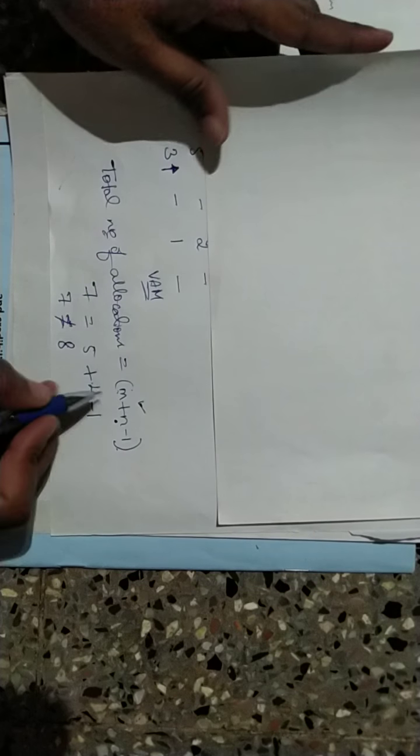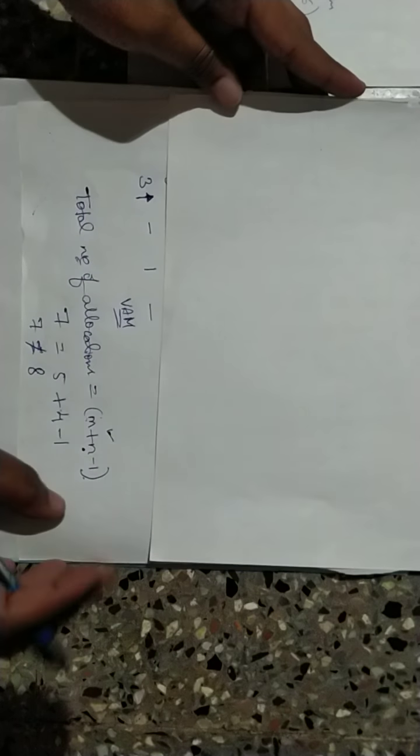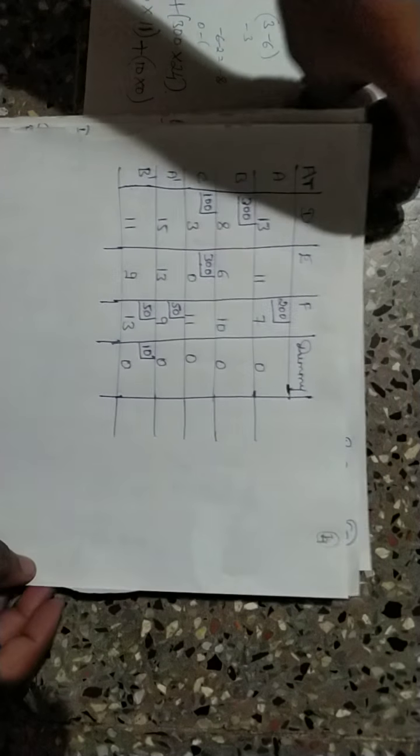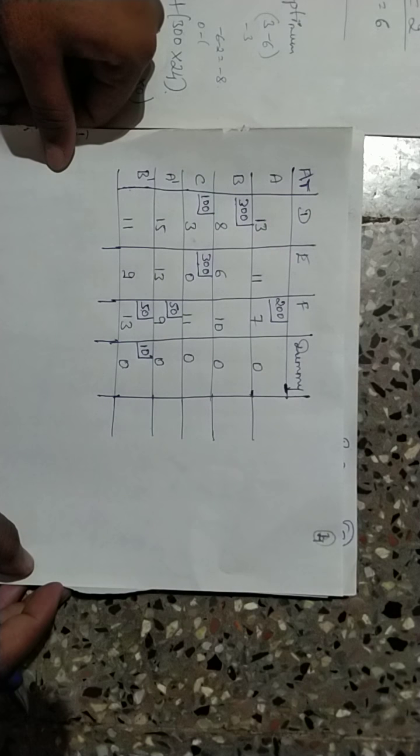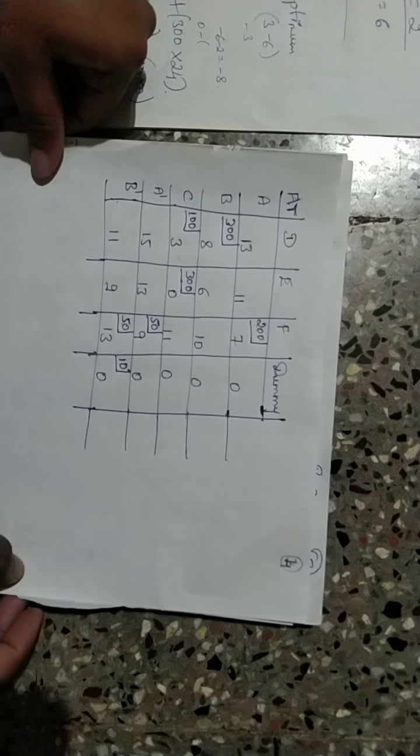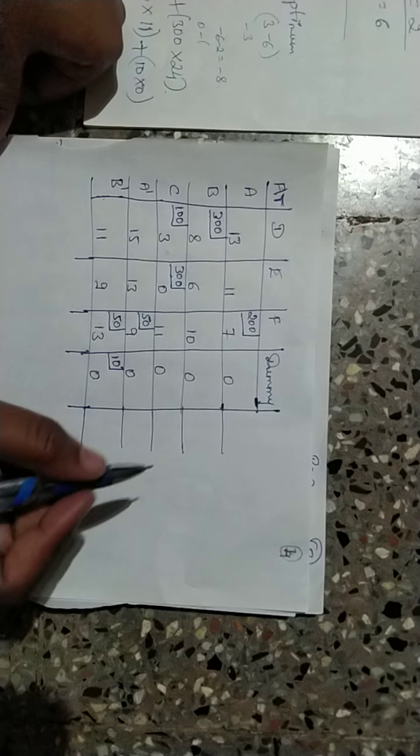These allocations are not equal to m plus n minus 1. Whenever this case exists, it is called a degenerate case. In such cases, in order to eliminate the degeneracy, we need to add a small value epsilon, whose value is equal to 0. That will be allocated to the element which has the least cost.